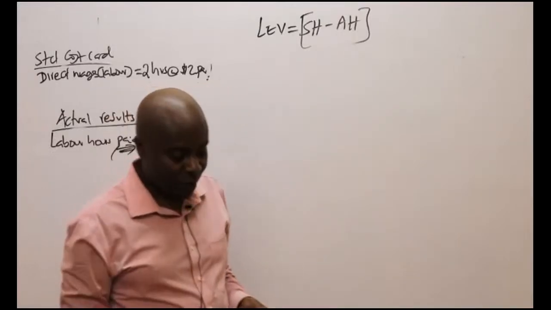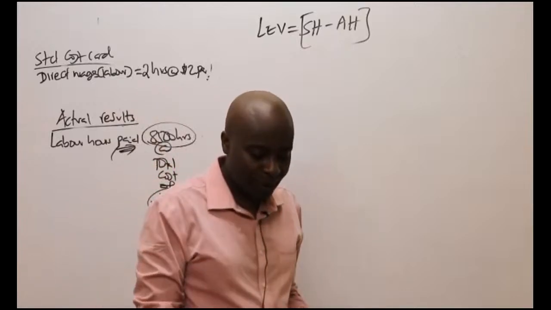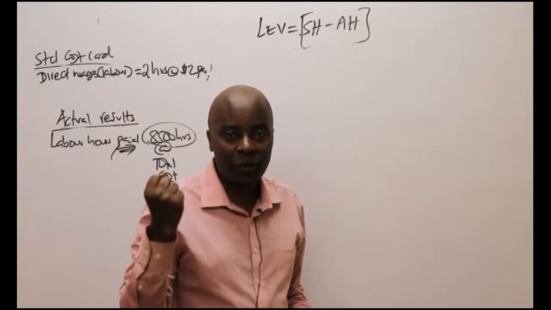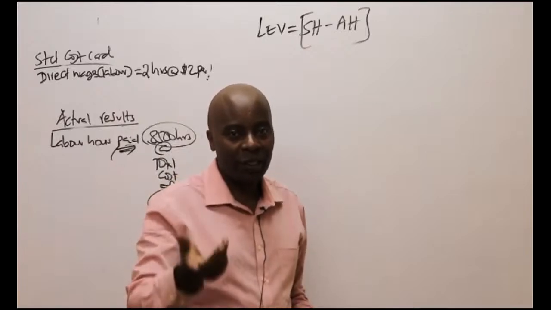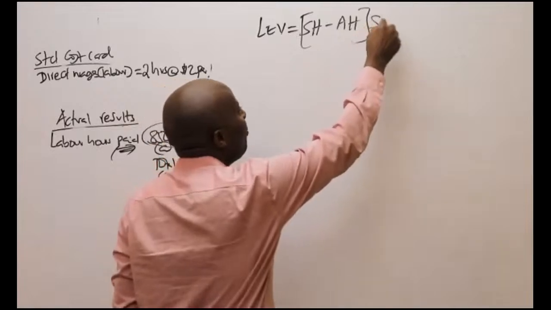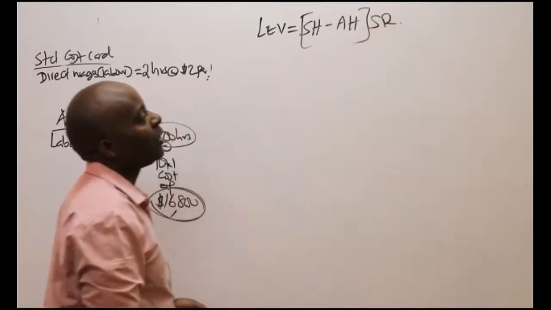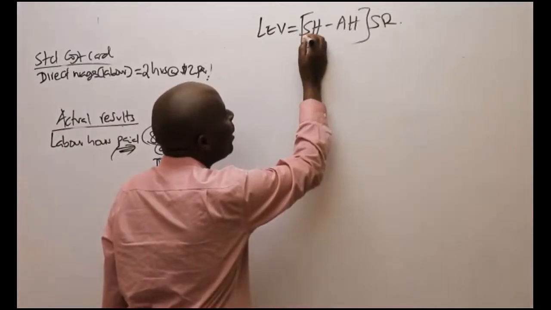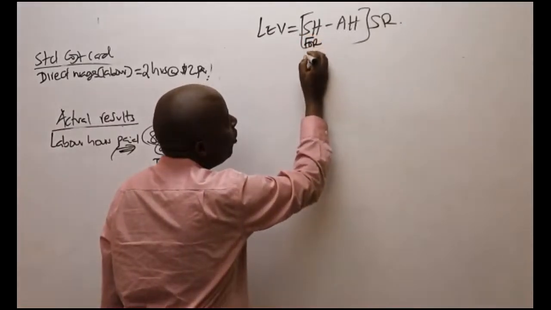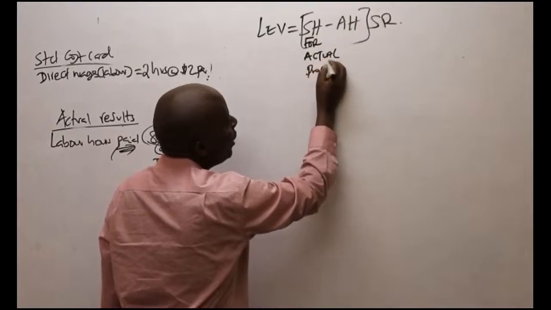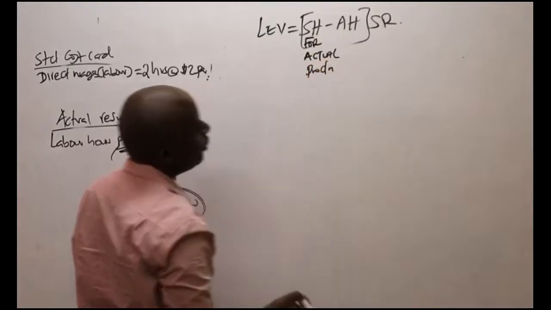But in Africa, our brothers and sisters from our own tribes will start a business that does very well, but when you die, it dies with you. So you're not very efficient. So come outside here and put what here? The standard rate. Please, whenever you see capital SH and capital SQ, you must know that capital SH stands for standard hours for actual production.